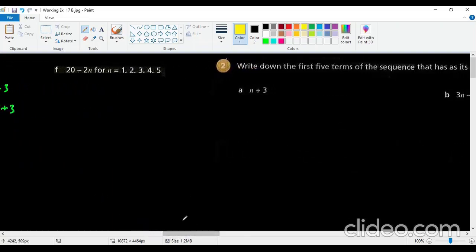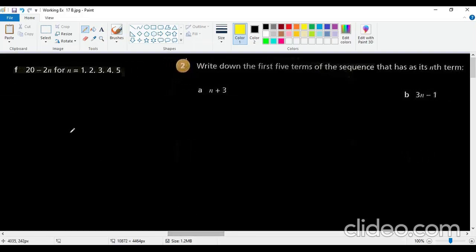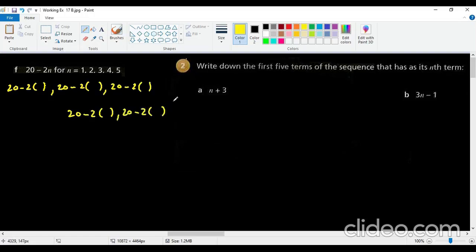When it comes to question number F, it is going to be 20 minus 2 times 1, 20 minus 2 times 2, and 20 minus 2 times 3, 20 minus 2 times 4, and 20 minus 2 times 5. Now I'll replace n with the numbers 1, 2, 3, 4, and 5.